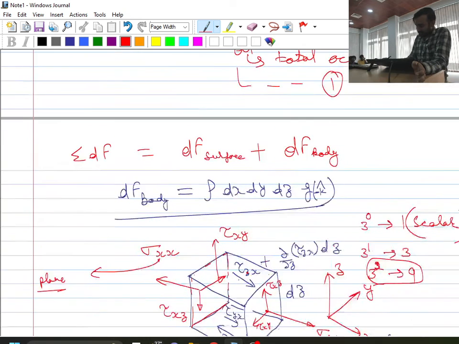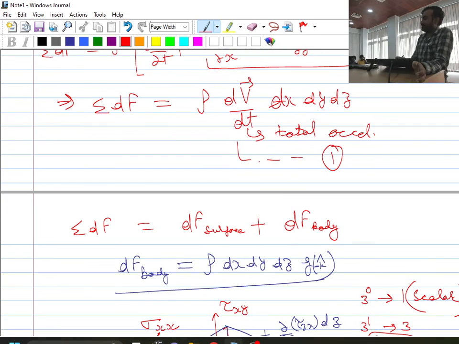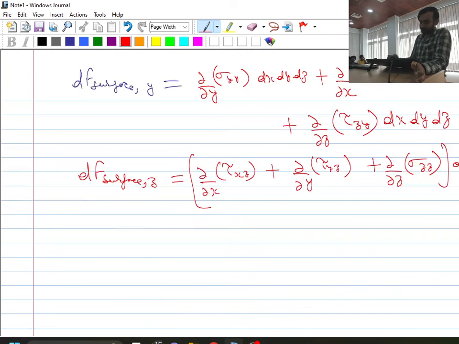You can see this is equation number 1. I can write equation number 1 as rho times dx dy dz into dv vector by dt. Is this one clear?